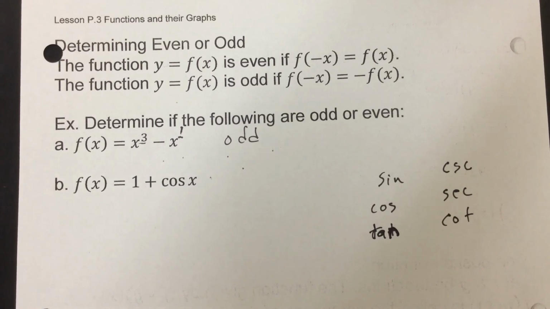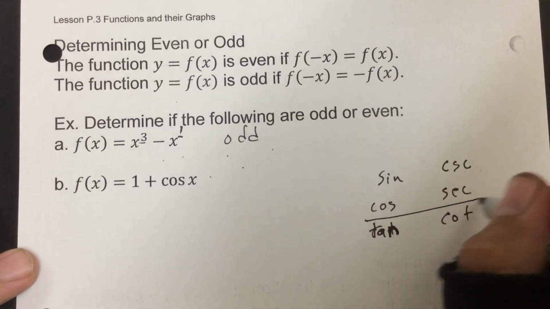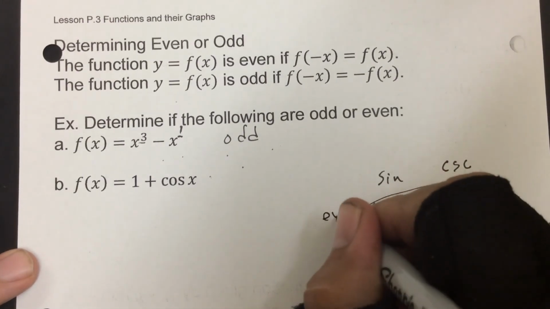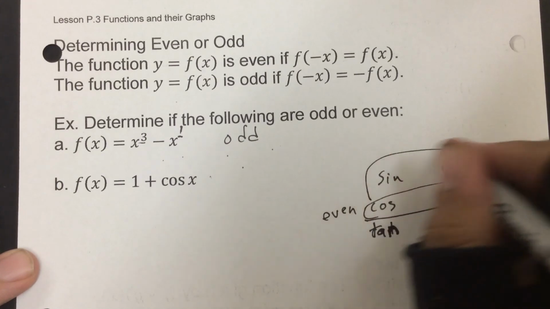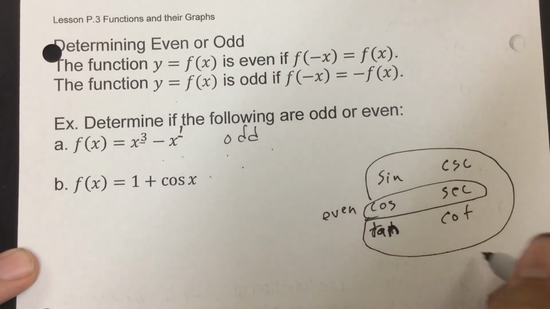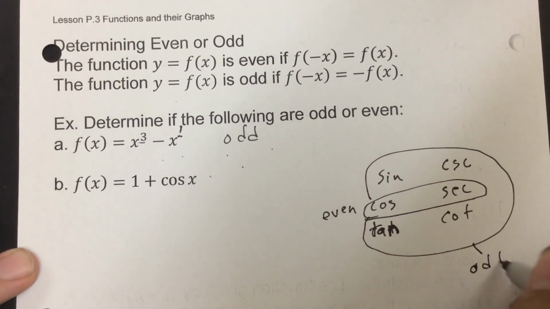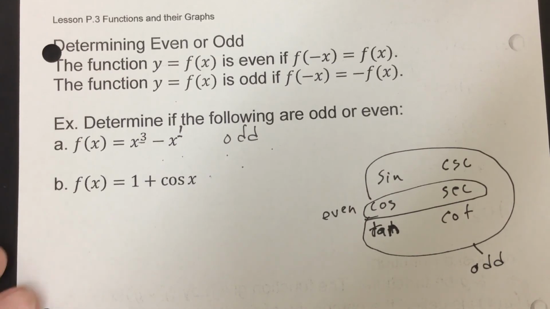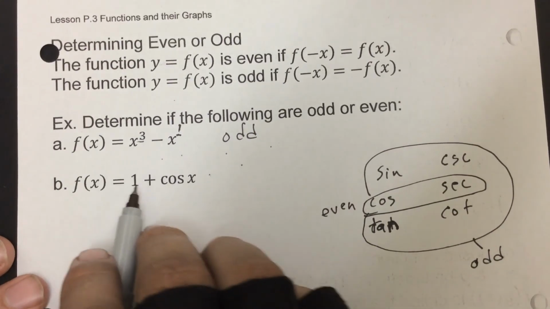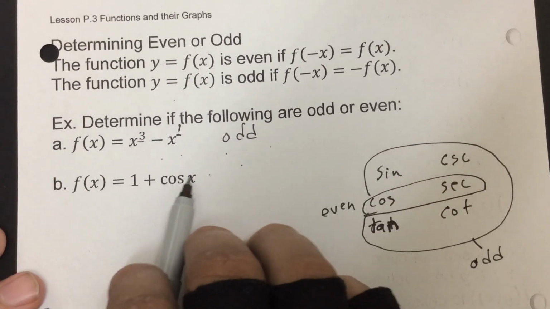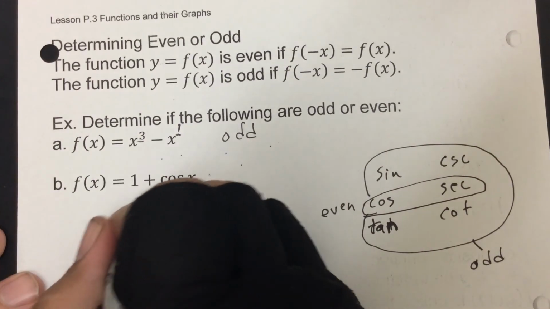So this goes back to advanced math when we were doing trig functions. These here are going to be even. The rest are odd. So cosine and secant are the only two that won't change when you put a negative x in. One is a constant, so it's not going to change at all. And cosine being even means this is going to be an even function.